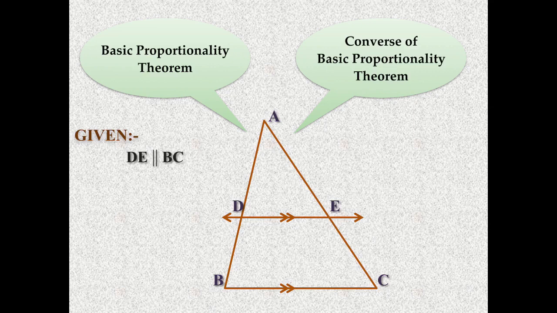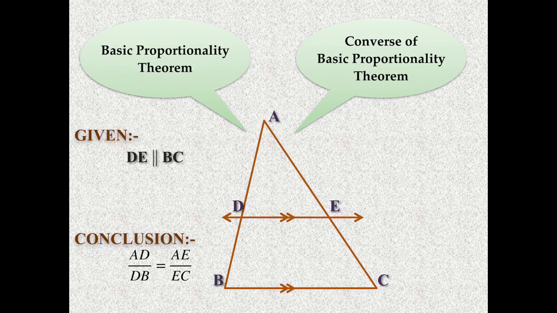In this figure we can see DE is parallel to BC. Then under this condition, basic proportionality theorem says that the other two sides are divided in equal ratios. So we can conclude AD upon DB is equal to AE upon EC.